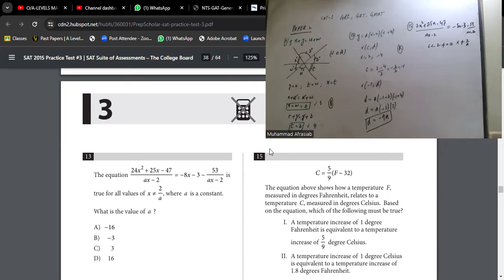So we are going to get the value of a there.